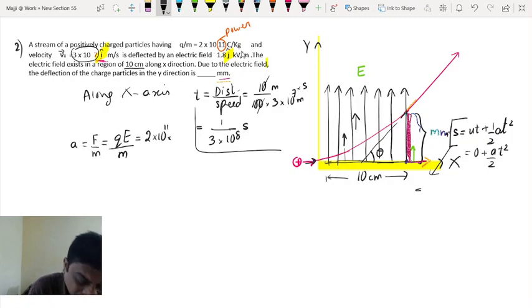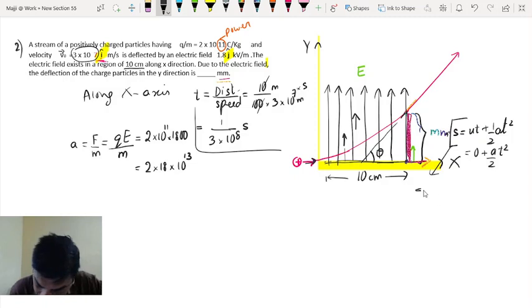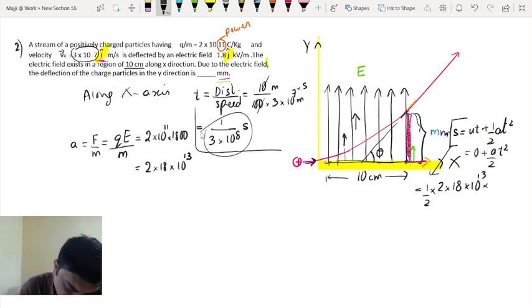Remember, K stands for kilo, so 1800 in SI unit. So this will be 2 into 18 into 10 to the power 10. Half a, where a is 2 into 18 into 10 to the power 10, into t square, where t is 1 by 3 into 10 to the power 8, whole square.